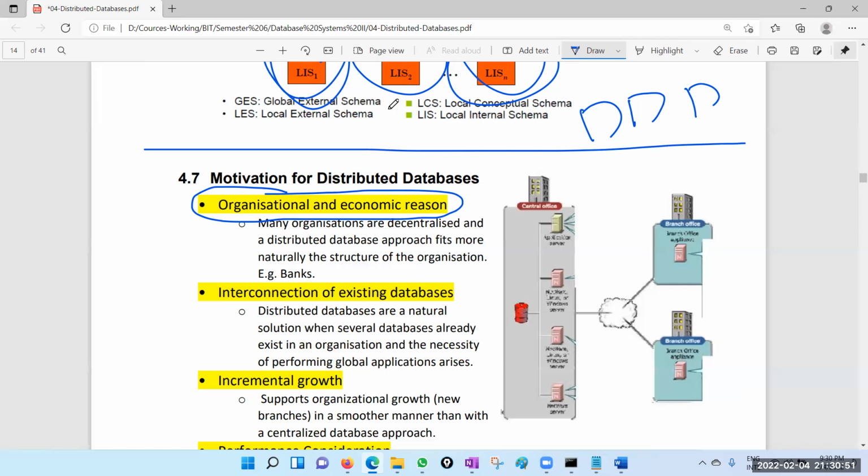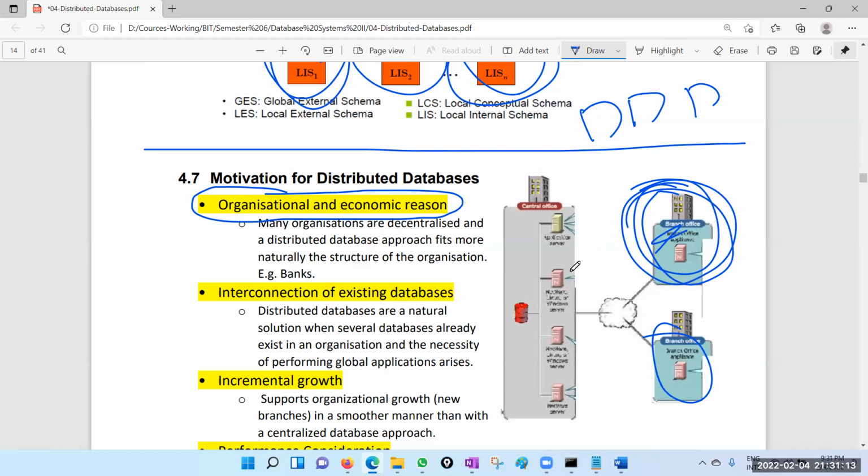And also, when your data is close to you, while you are getting some data from other sites, if the frequently used data is close to you, it's faster performance-wise also, because you don't have to always go to the head office or whatever. Most of the data is in your site.